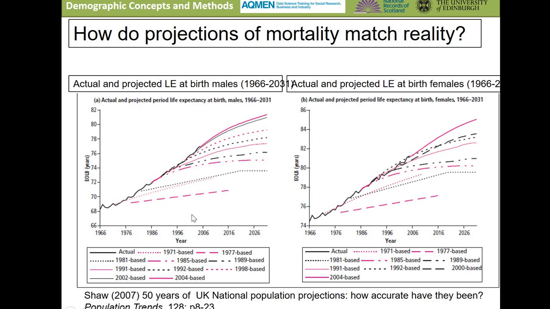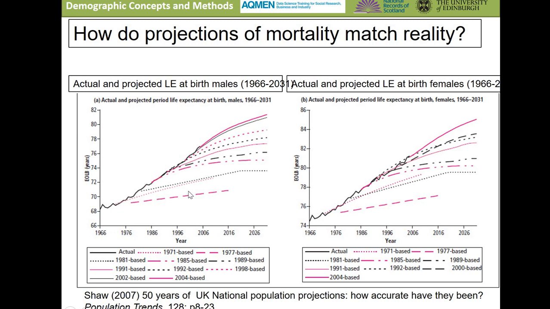But the key point to note here is that the change in life expectancy that was projected at each of these time points in the 1970s and in the 1980s actually underestimated the improvement in life expectancy that we saw in reality.